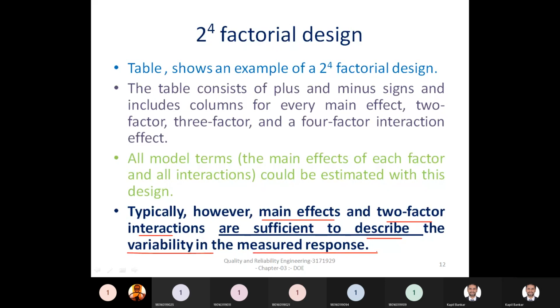Means whatever variability is there can be described with the help of main effect and two-factor interaction effect. That's why you can take the main effect and two-way interaction effect, and that can be considered a fractional factorial design. So you do not require to perform such a complicated full factorial design.